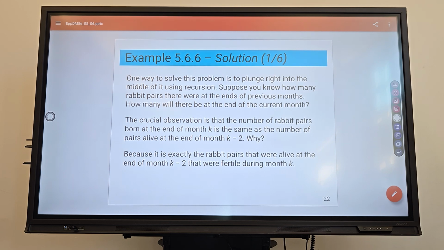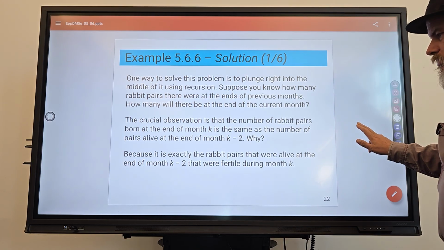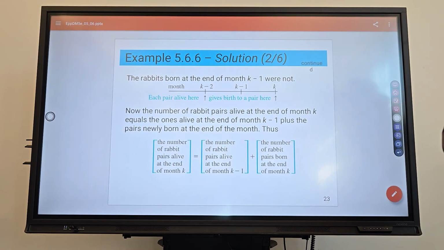Why? Because it is exactly the rabbit pairs that were alive at the end of month k minus 2 that were fertile during month k. Rabbits born at the end of month k minus 1 were not.